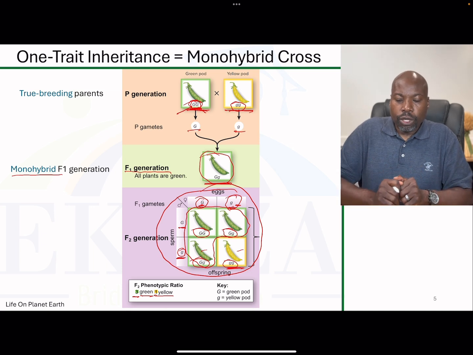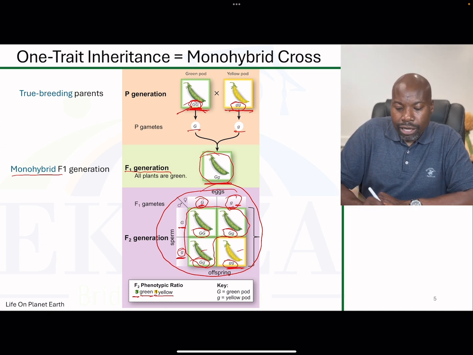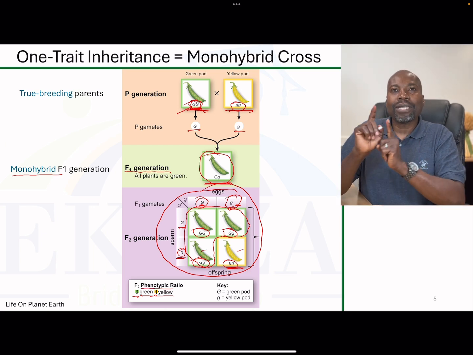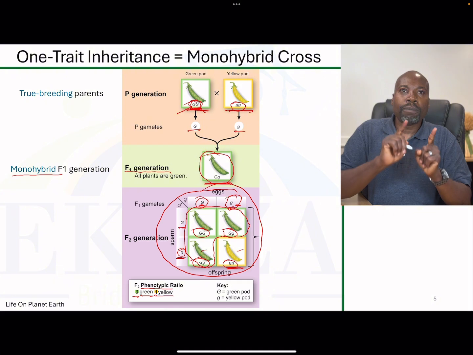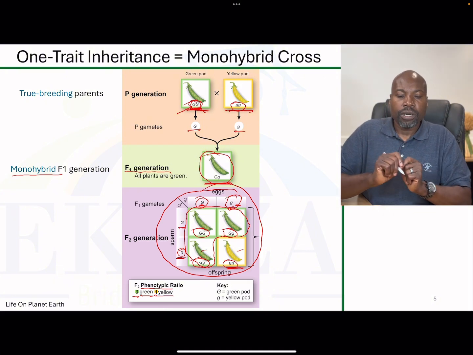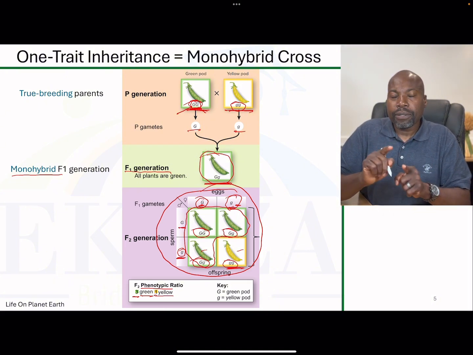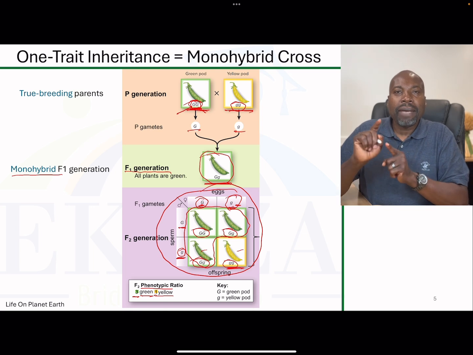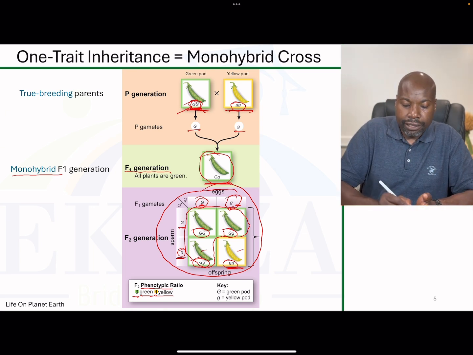So that is actually the ratio of the phenotype. Phenotype is the observable traits, while genotype is the genetic makeup. Please remember that. So we have genotype, which is the genetic makeup.